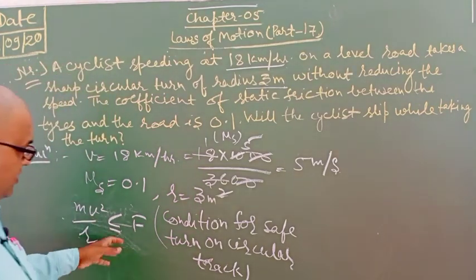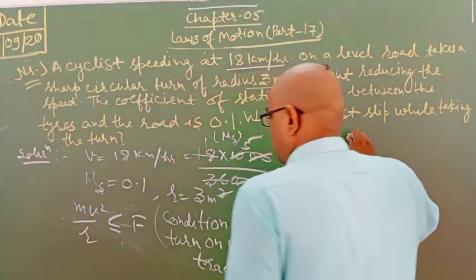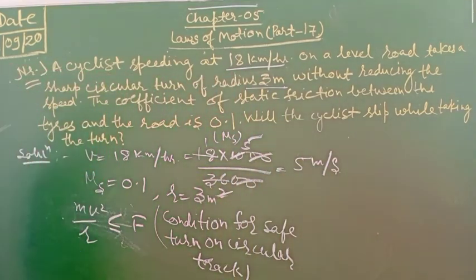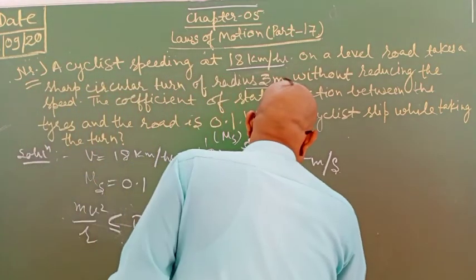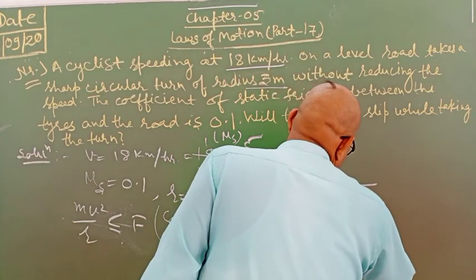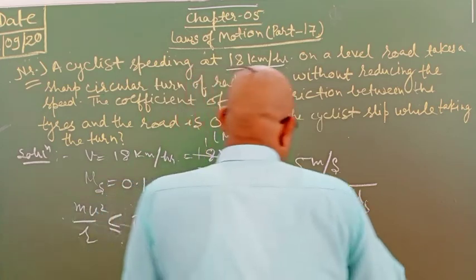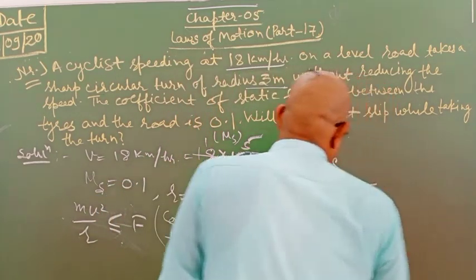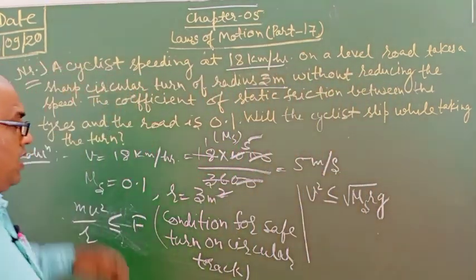Now we will see whether this condition is verified or not. That is, mv square upon r is less than or equal to f, and we can write it as v square is less than or equal to mu s r g. Clear?